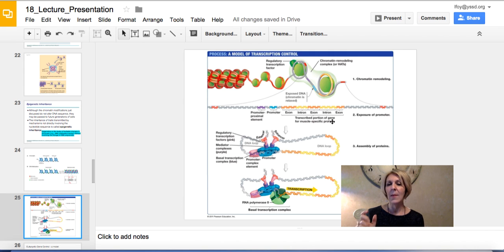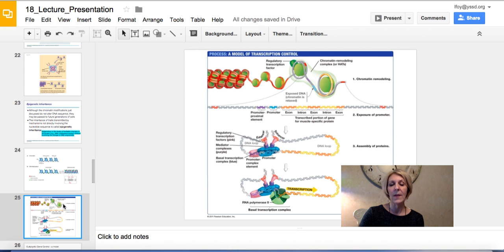Remember, the introns are cut out and the exons are expressed, but we can have different ways of editing that messenger RNA. We also have different enhancers and other transcription factors that can fold the DNA so that transcription is more likely to occur, and it enhances the attachment of the RNA polymerase.